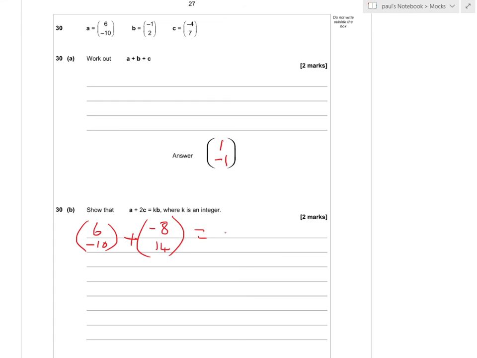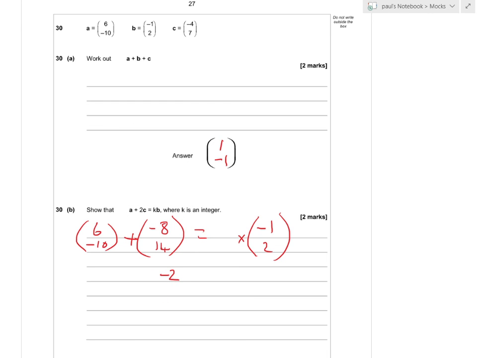Equals something times B. B is there, minus 1, 2. Something times B, right. 6 minus 8 is minus 2.